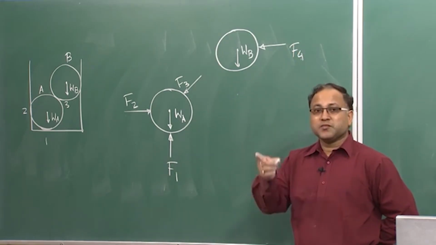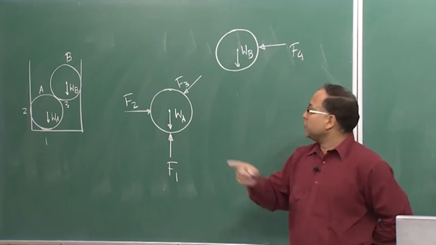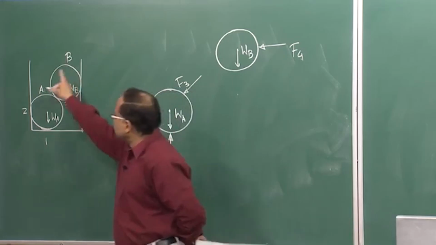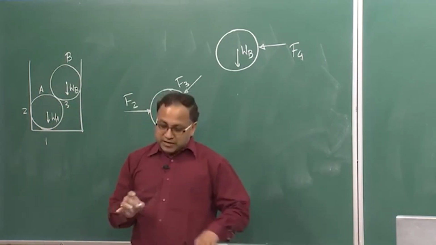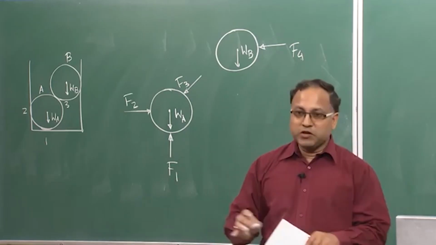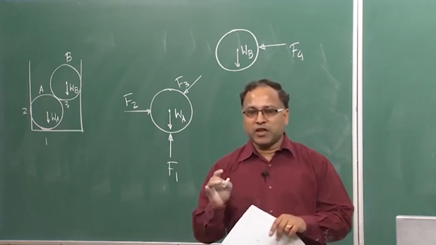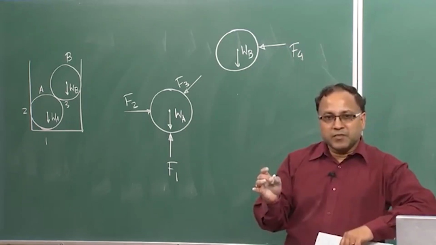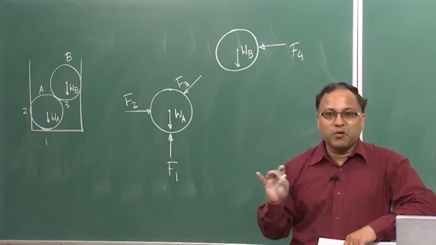This force must be equal and opposite of F3, because if I say this body is under equilibrium, that means either there is no movement or it is moving uniformly. I am not talking about uniform movement, because as we decided, in this course we will not be talking about the motion.